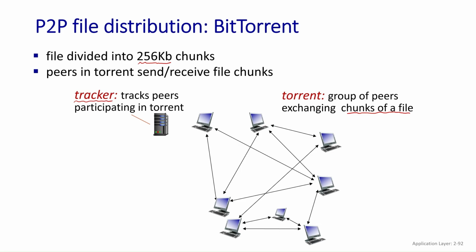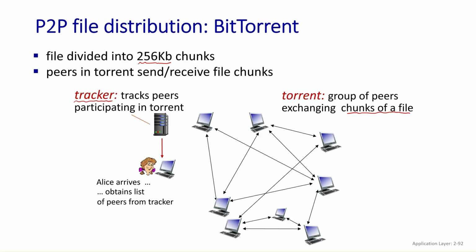Okay, so now let's assume Alice arrives and Alice wants to download a file. So first of all, Alice needs to search for the torrents on the tracker, because the tracker is the server keeping track of all the peers participating in a particular torrent.